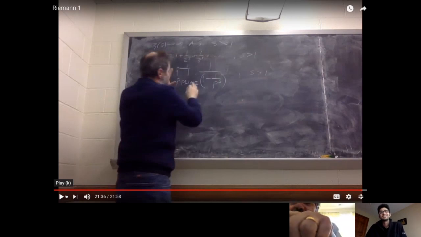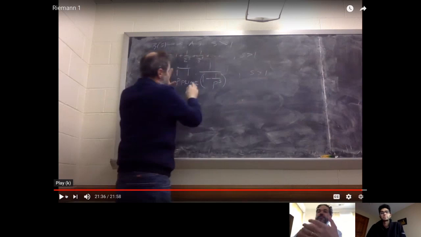So let's talk. What I wrote before was zeta of s equals this product. So if I take the natural log of zeta, it is the natural log of this product. Now this is an infinite product, so the natural log of this infinite product is the sum of the logarithms of the factors. Each one has a numerator that's 1, and it's 1 divided by something.